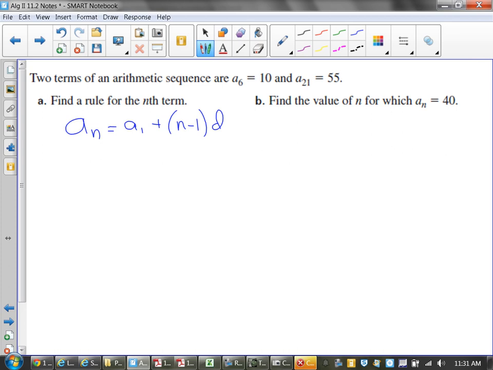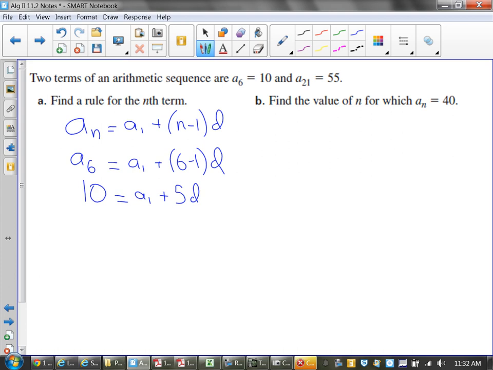You know the 6th term in this sequence is 10. So the 6th term is the first term plus 6 minus 1 times your difference. How much is the 6th term? What is its value? 10. So 10 has to equal the first term plus 5 times the difference.